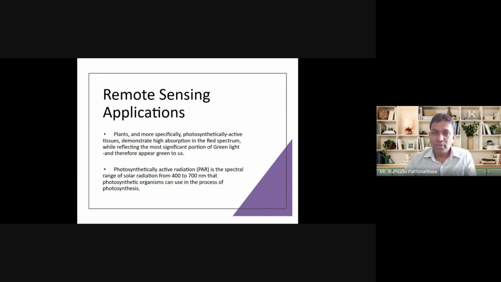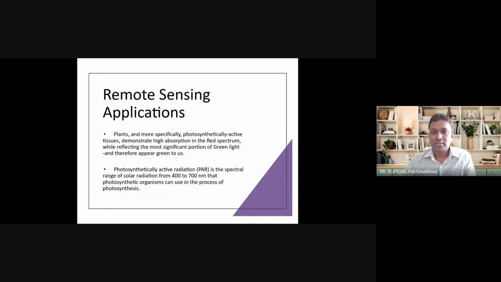They also use wavelengths between 400 and 700 nanometers for photosynthesis, called photosynthetically active radiation. So the regions that leaves absorb, everything except green, are absorbed, and they use that radiation for photosynthesis.